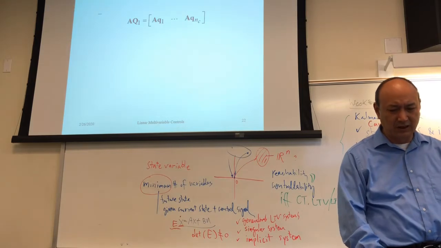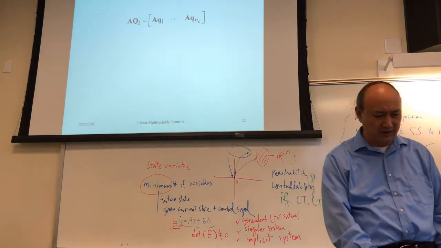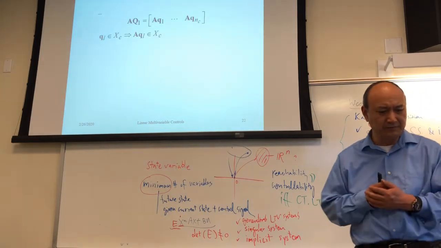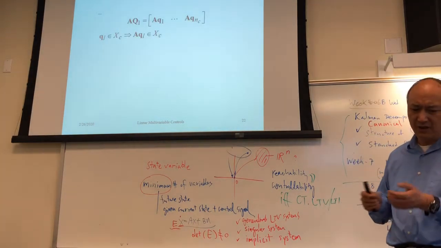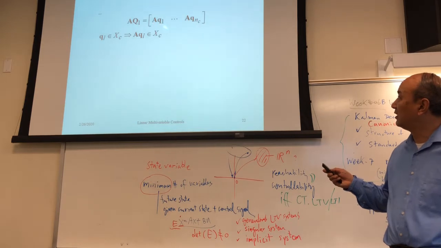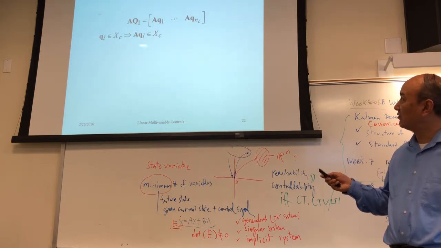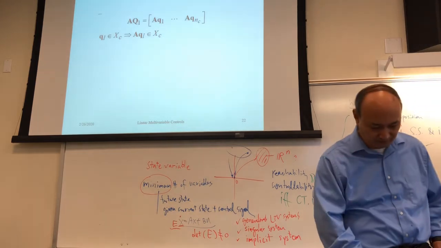So then we put A Q in there, the A matrix in there. Again, you have AQ1 to QCN, so these are the vectors. Because we have known that the controllable subspace is A-invariant, when you put A in here, it's also within the XC.